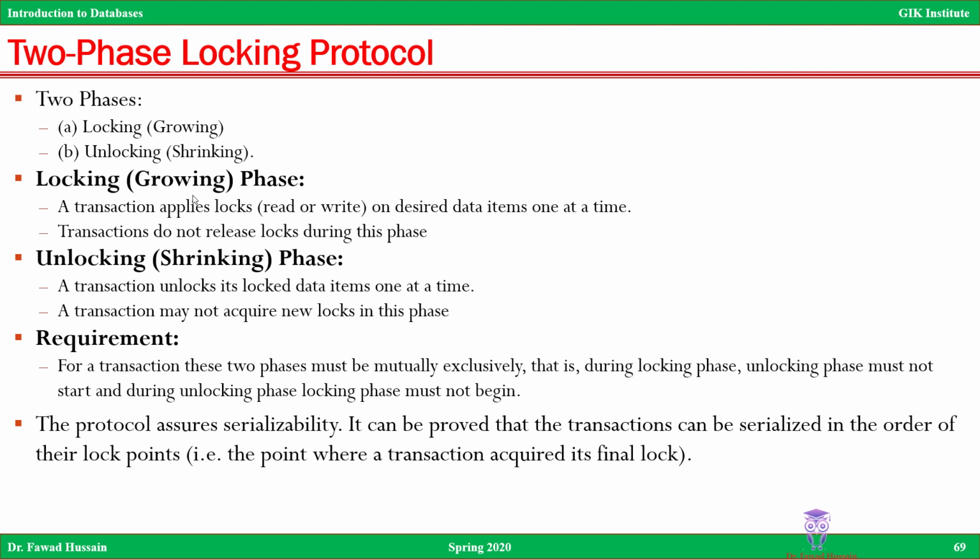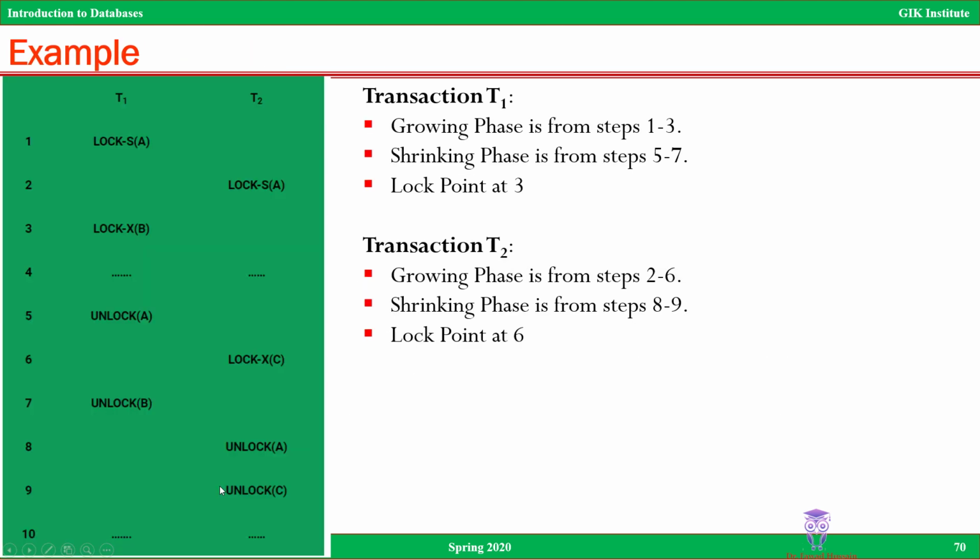In the shrinking phase you keep unlocking and you don't acquire a new lock. So the protocol assures serializability. It can be proved that transactions can be serialized in the order of their lock points, that is, the point where the last lock is acquired. It can be proved, and we will see in a few slides how we can ensure that this will happen.